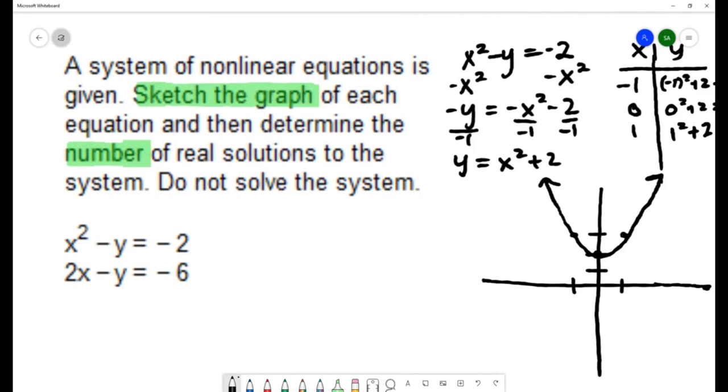So then the second equation is a linear equation, 2x minus y equals -6. I know it's linear because I have both x and y to the first power.